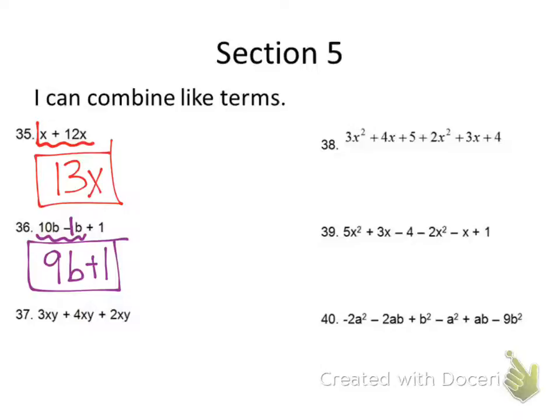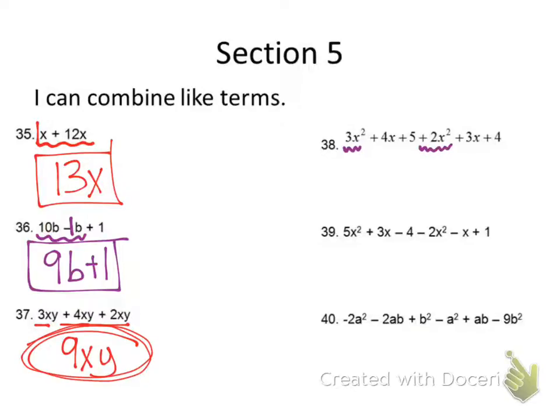All right, number 37. 3 plus 4 plus 2. Yeah, these are all like terms, so just add them. You can do that in your head. 9xy. Good. All right, lots going on in this right column. Where should I start on 38? 3x squared goes with which one? 2x squared. The x squareds go together to give us 5x squared.